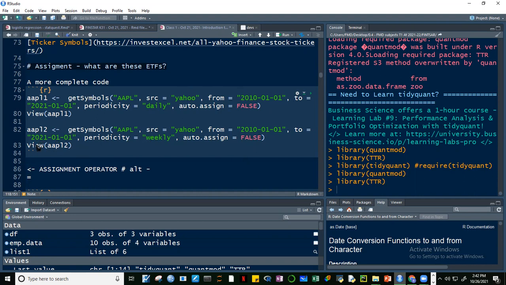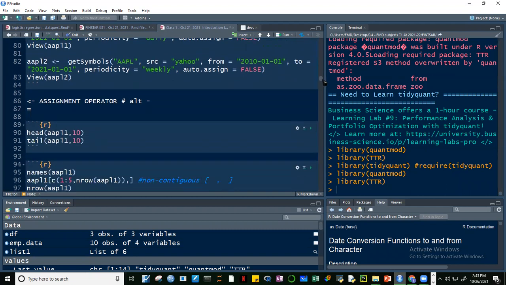Okay, so this is an example where we're downloading daily stock prices versus weekly stock prices.